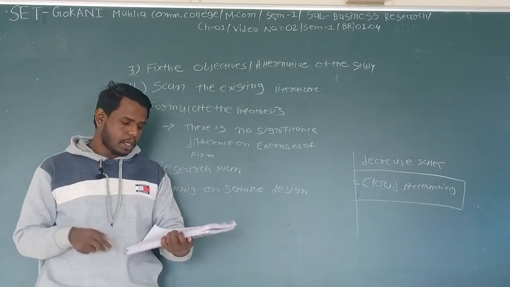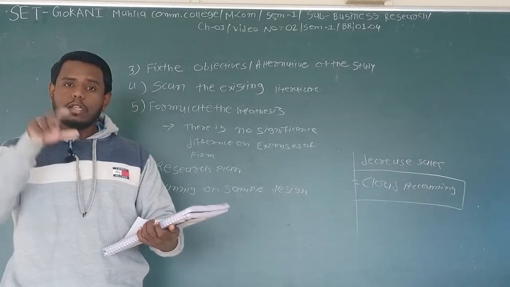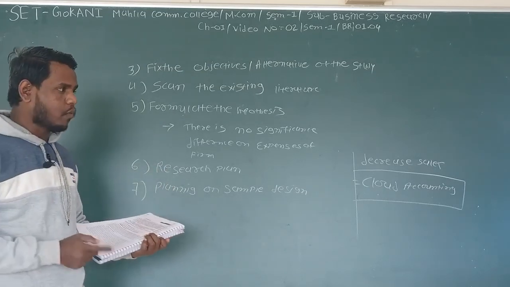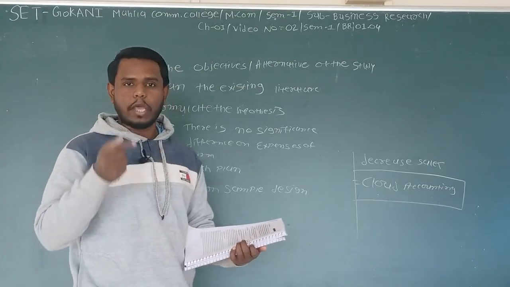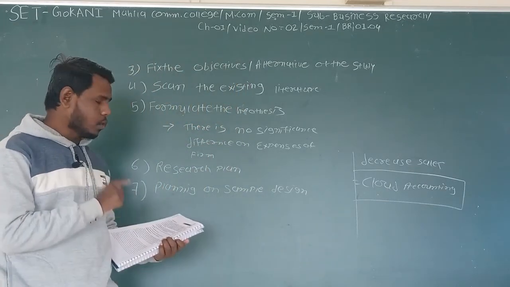So this is a very big thing. So your sample design must be in such a manner that it can be verified and it is possible to analyze. This is the seventh thing.